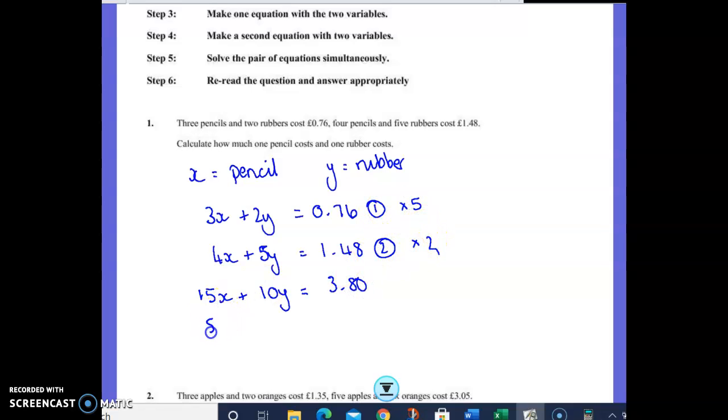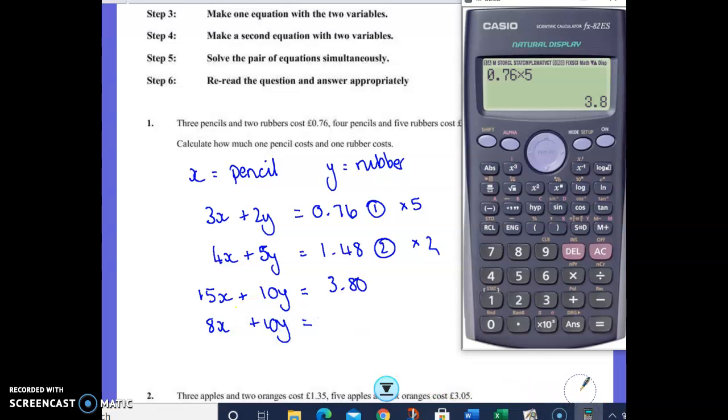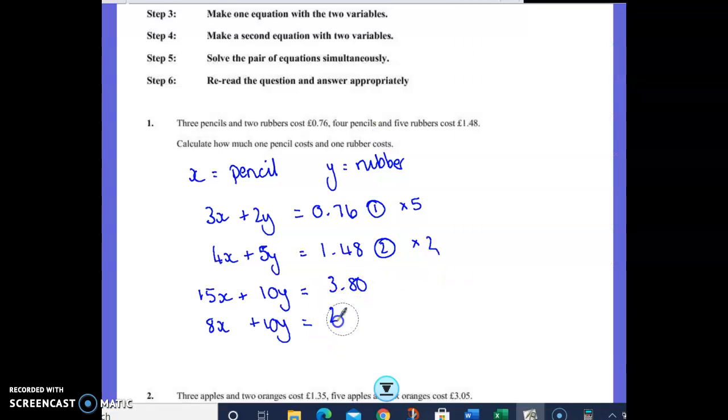And let's multiply this one up. 8x plus 10y is £2.96. Look at the bit that we've got the same. We've got a 10y and a 10y, plus 10y and plus 10y.